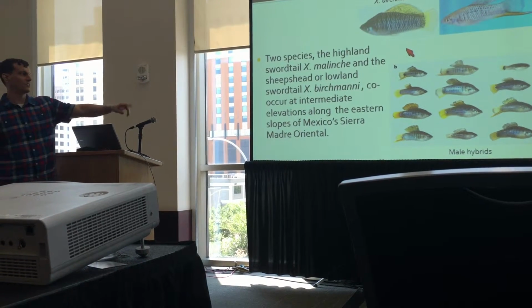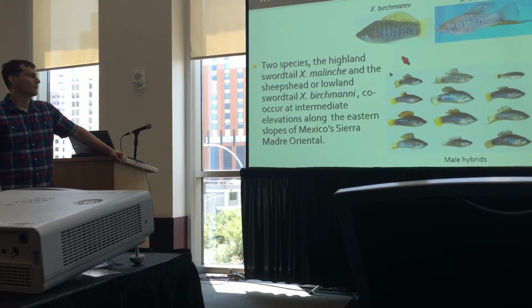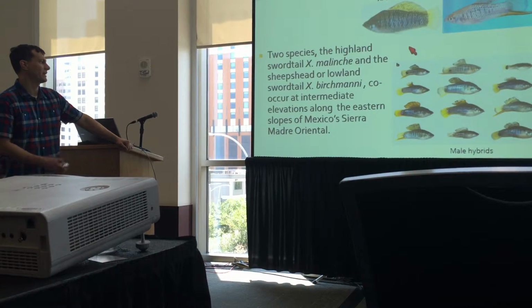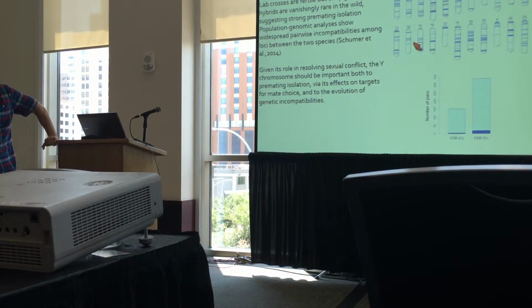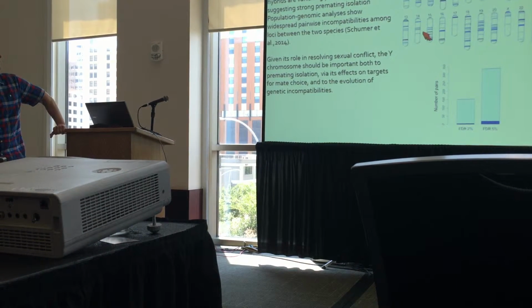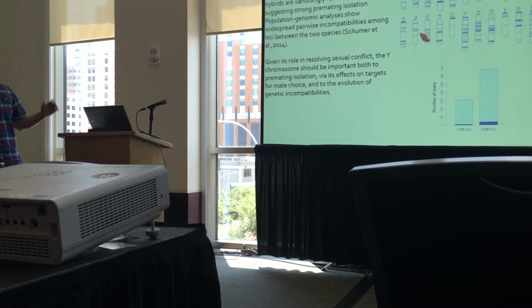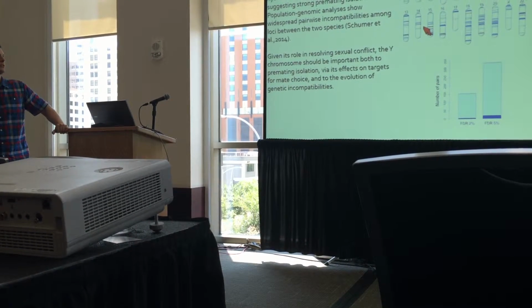You can see here a nice selection of male hybrids. You can see there's some good variation in pigmentation and sword presence or absence and body size. So lab crosses are fertile, but you really don't find early generation hybrids in the wild, and that suggests that there's strong premating isolation. There's been a study that found lots of pairwise incompatibilities among loci in the 2 species.